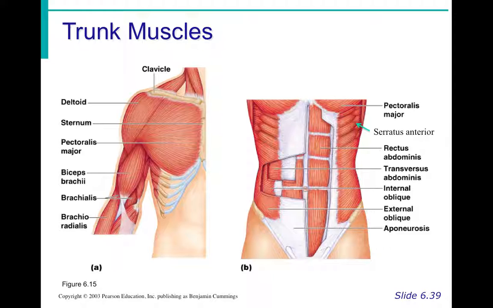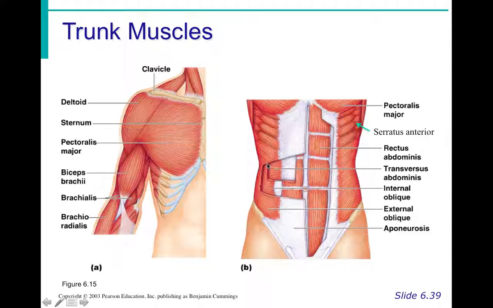Now, if we cut one layer more, we get to what people commonly call their abs, which is really only a fourth of them, but that's okay. Rectus abdominis. You can tell from these cartilaginous lines, this is the six-pack that most people are concerned with. So rectus abdominis is going to flex the vertebral column. Think doing a sit-up. It'll also compress the abdomen.